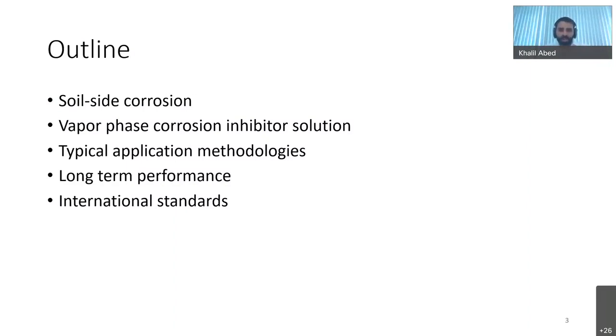We will also share case studies that demonstrate the long-term performance of VCI solution against soil side corrosion and how it contributes to the overall protection of the storage tank. And we will conclude our webinar with an update on the position of VCI technology for soil side corrosion on storage tank bottoms in the international standards arena.